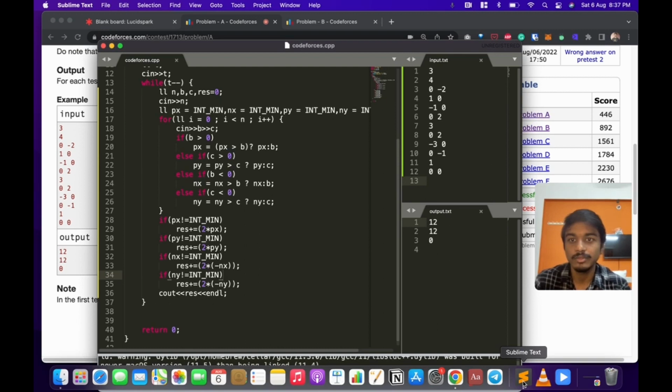If x is greater than zero, then there is only one possibility.